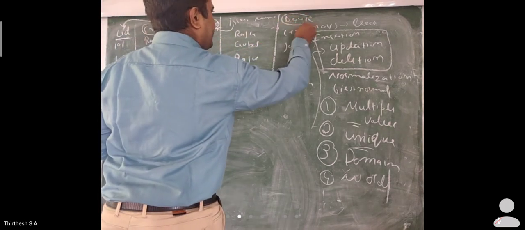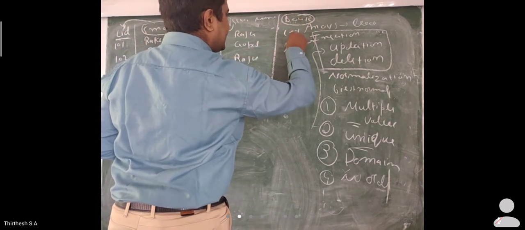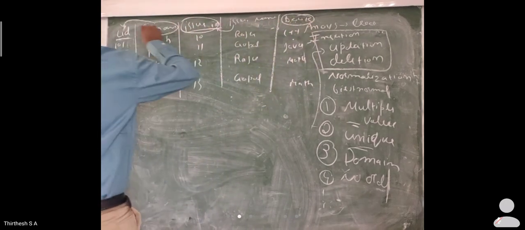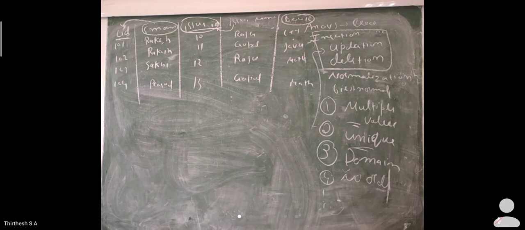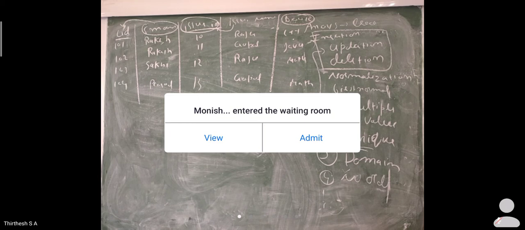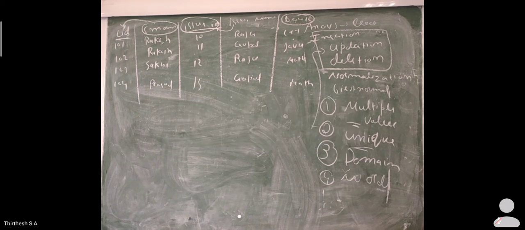But book name is not dependent on either library ID or issue ID. So that is known as a non-partial attribute. It is not a part of the given table.